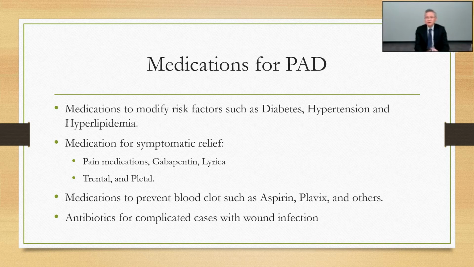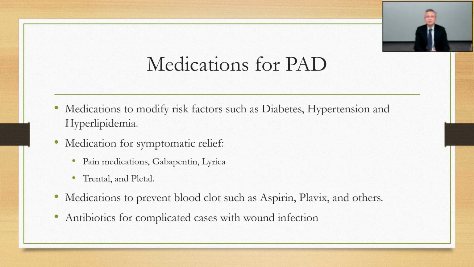It depends on whether you have diabetes, high blood pressure, or high cholesterol. It all depends on multiple factors that your doctor can pick and choose to decide which medication regimen will be best for you. There's certain medication that has extra benefit for PAD that your doctor may place you on.